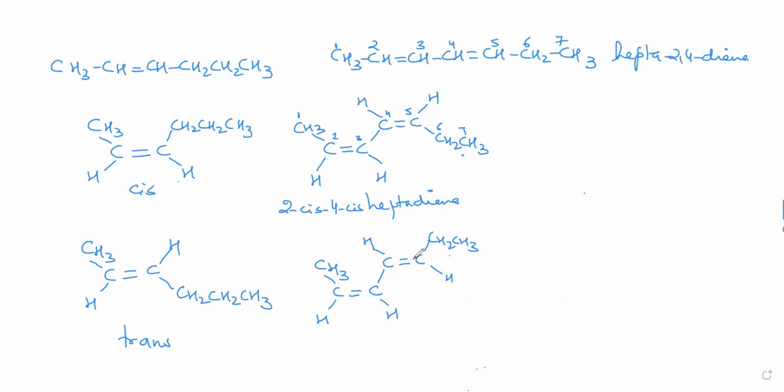And what about C4? C4 has trans. Very good. Here both hydrogens are on the same side, here both hydrogens are on the opposite sides. So it is 2-cis, 4-trans, heptadiene.